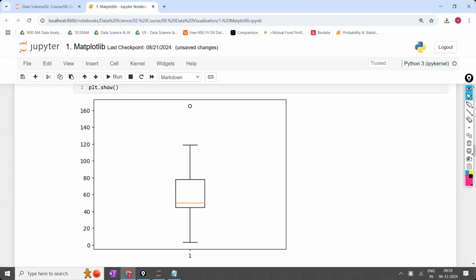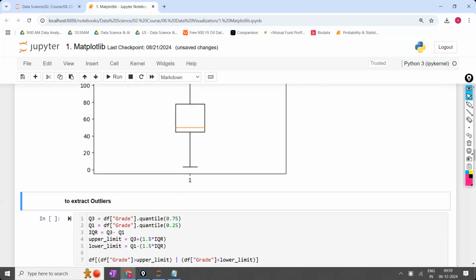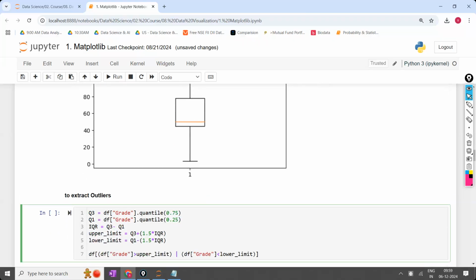From this you are going to extract only whether outliers are available or not. But if you want the exact values, then you have to write pandas code. Q1 value, Q2 value, you have to write in pandas. These codes you will write and complete in the data exploration stage itself, right?